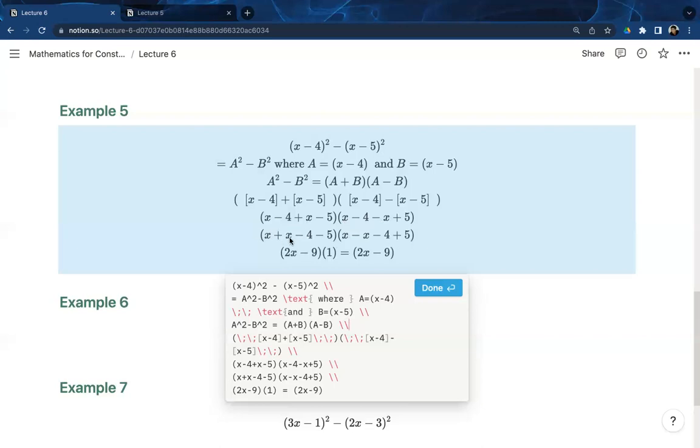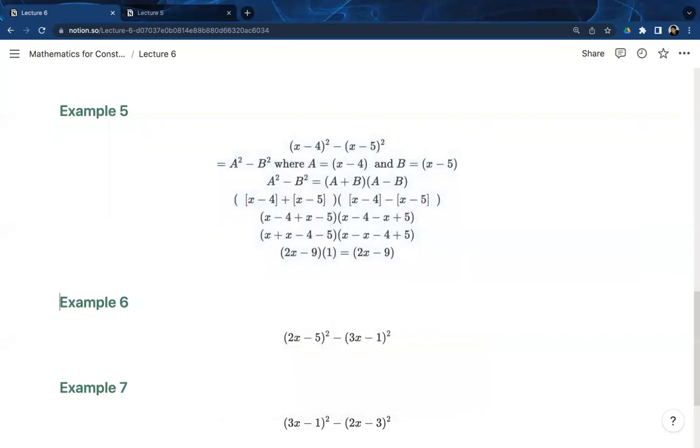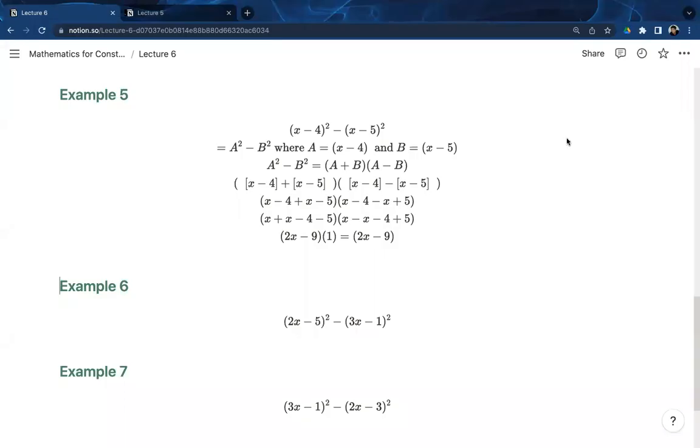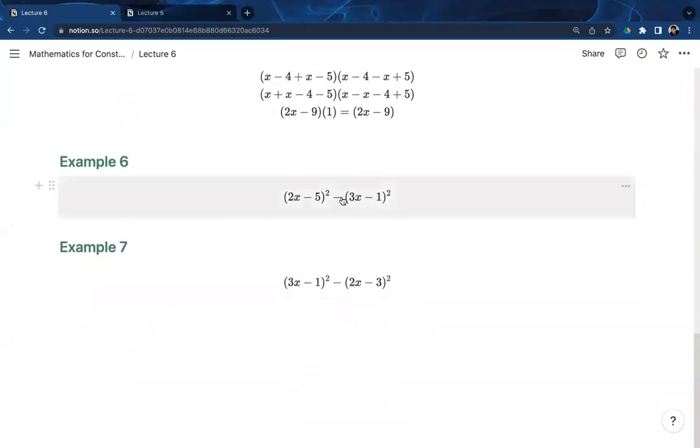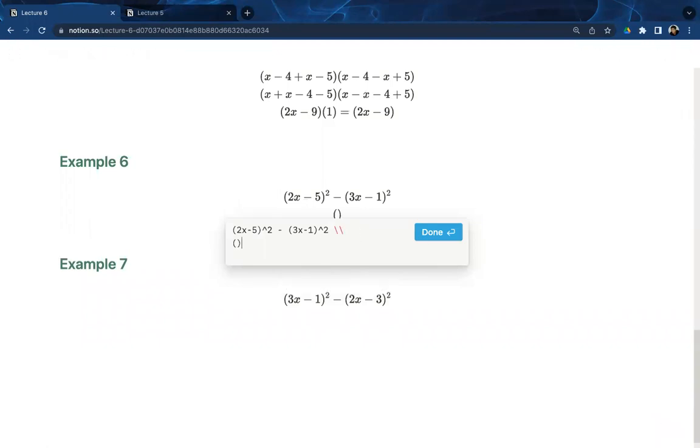This first bracket, the x's add up, and I get 2 x's and a minus 4 minus 5. So again, this answer here is really the product of two brackets. Something plus something, and the next bracket is something minus something, all right?